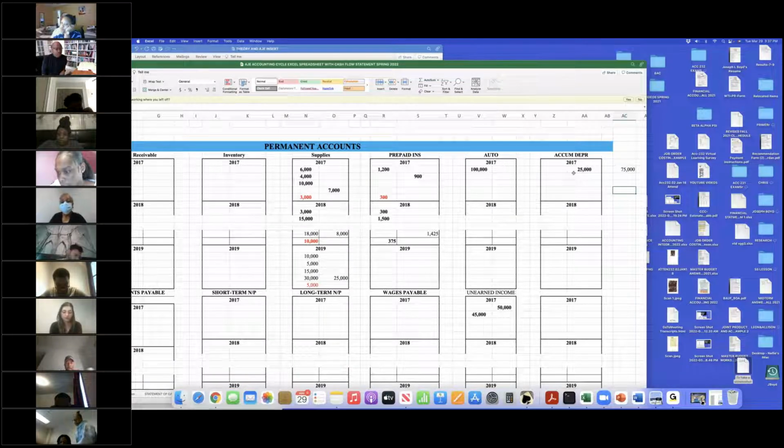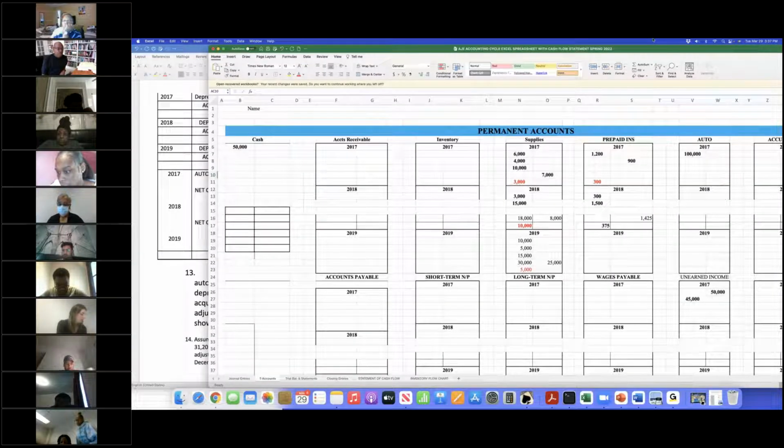Now this isn't the hardest one because when we go back to journal entries, when we get to 14 and 15, all we're going to do is come here, and if we're using straight line depreciation, we can copy everything.